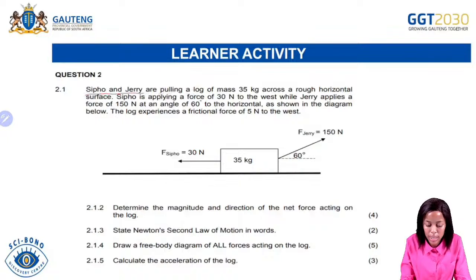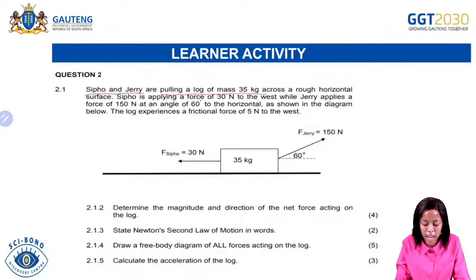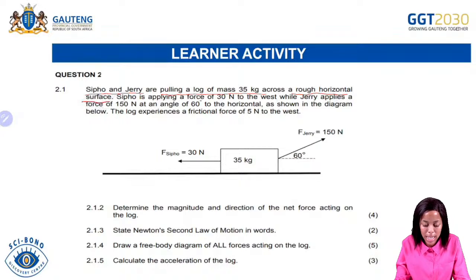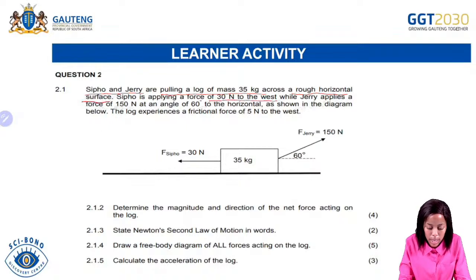They are pulling a log of mass 35 kilograms across a rough horizontal surface. Then it says Sipho is applying a force of 30 Newton to the west. So we can see that the west is to the left hand side, while Jerry applies a force of 150 Newton at an angle of 60 degrees to the horizontal.